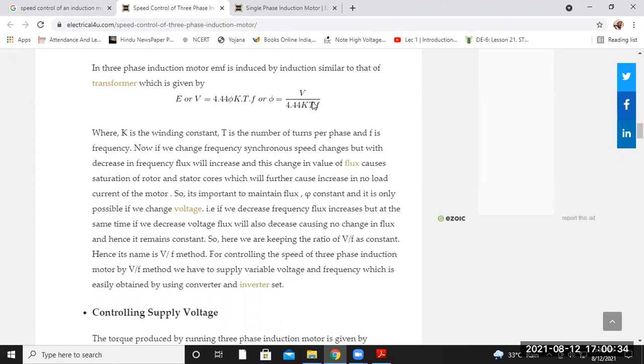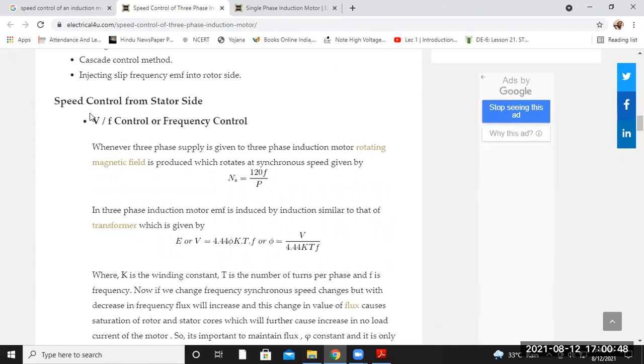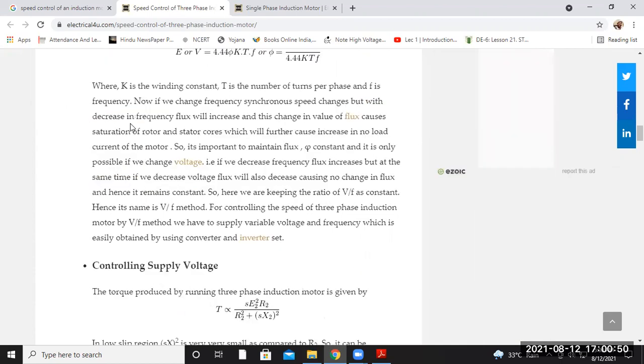Then we can keep the ratio V upon F constant, and that way the flux will remain constant. If the flux remains constant, the speed can be controlled by the voltage upon frequency control method.